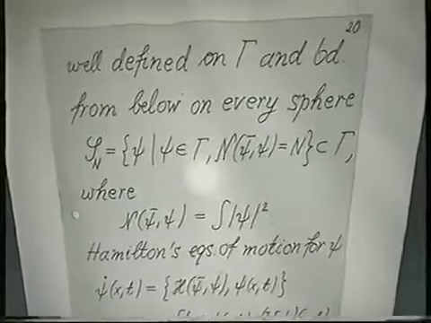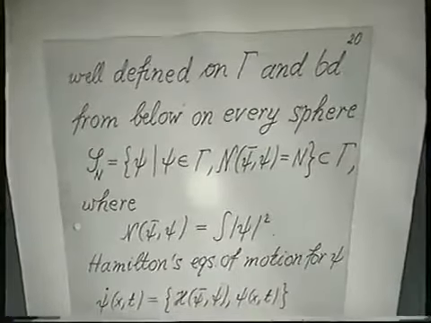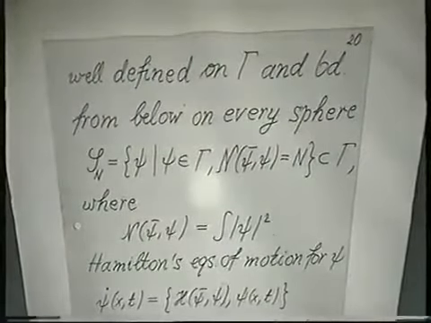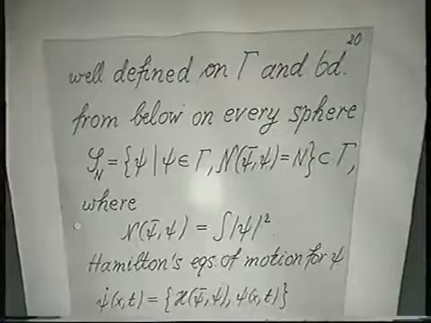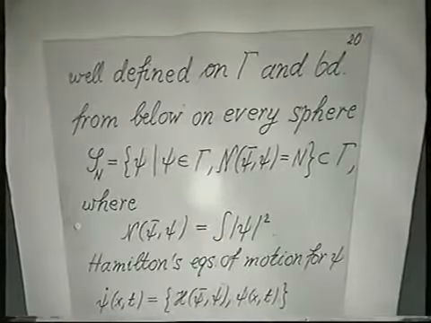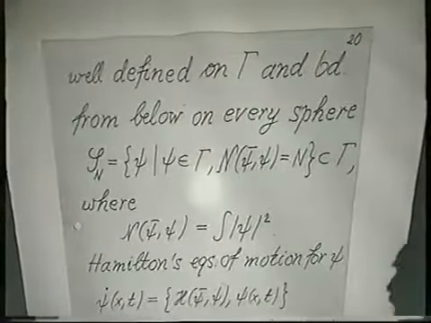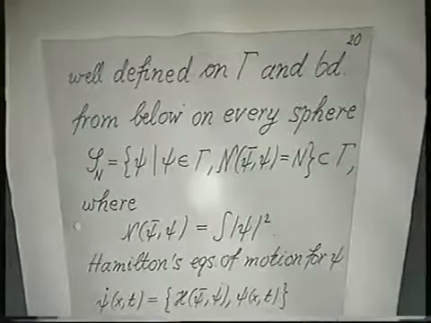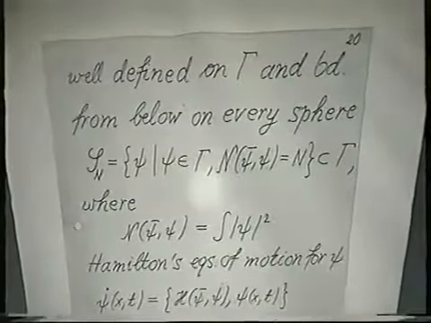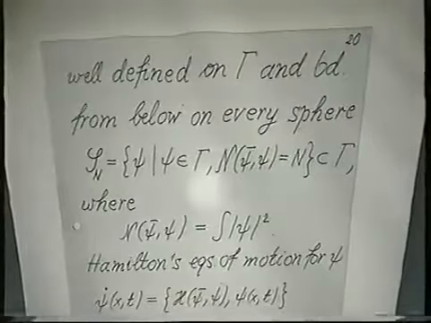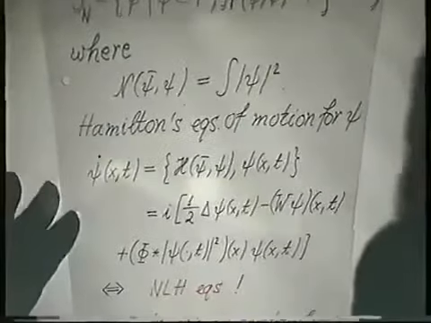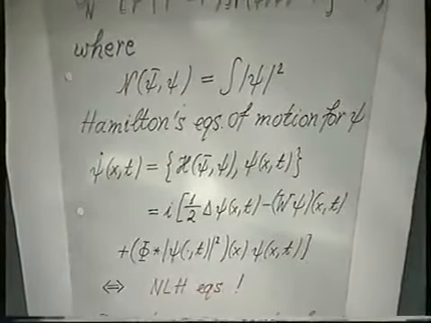Well, first let's observe that the Hamilton functional is well defined on my phase space gamma. It is bounded below on every sphere S_n in phase space, where S_n is defined to be all those psi's in phase space for which the L2 norm squared is equal to n, where n is some finite number. Let's check that Hamilton's equations of motion are equivalent to the Hartree equation.